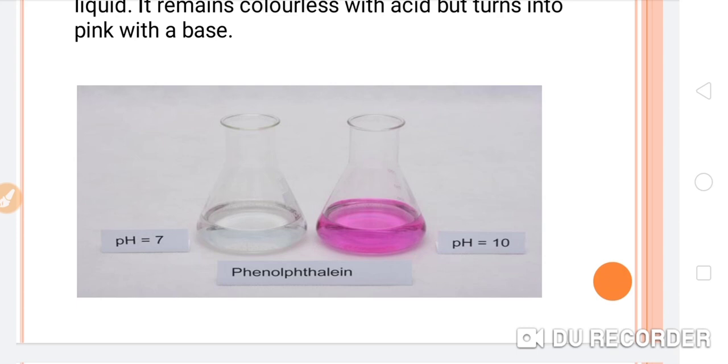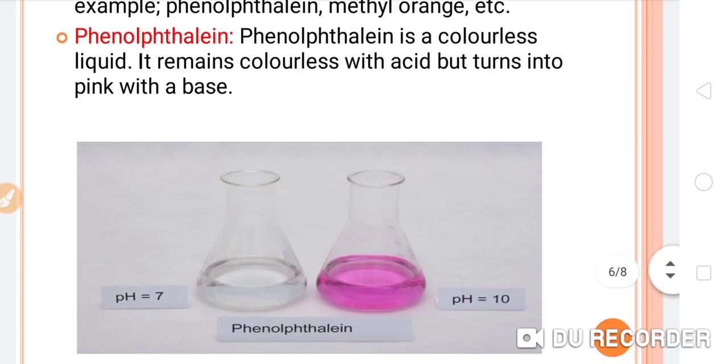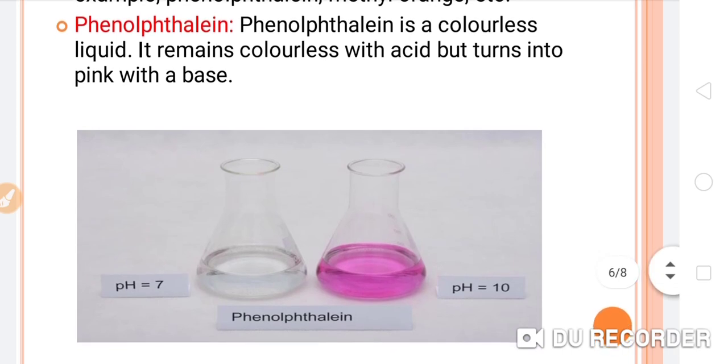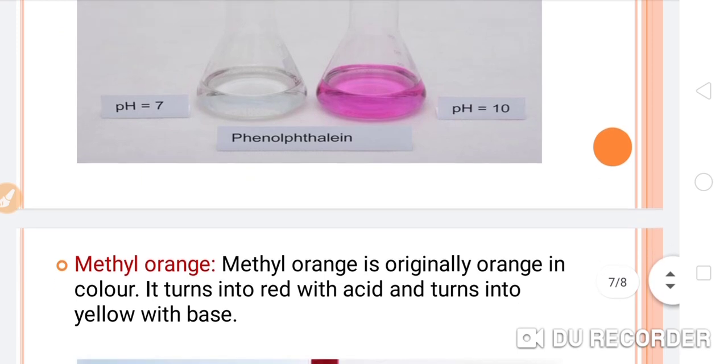Below pH 7 its color is colorless, and at pH 10 it is a specific color, pink. So with the help of phenolphthalein we can easily identify which solution is acidic and which is basic.